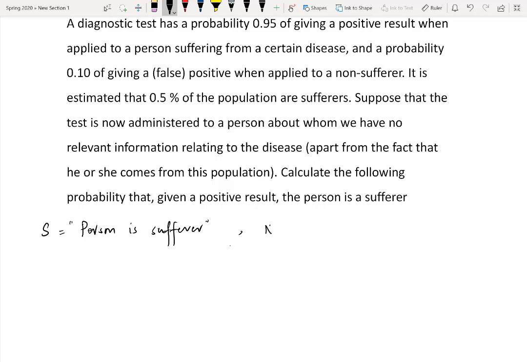Similarly, we can define another event NS, that the person is not a sufferer. Now we define another event P, that the test is positive, and another event N, that the test is negative.